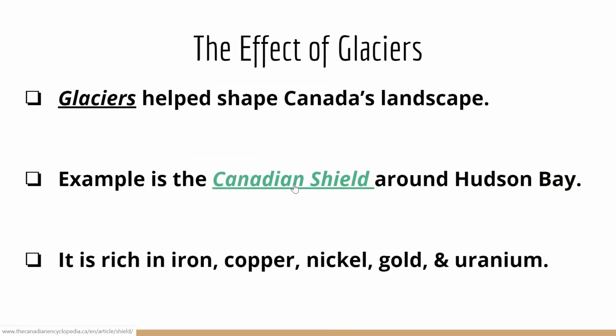And so this is territory that is very rich in iron. It's very rich in things like copper and nickel and gold, as well as uranium. And it tends to have a little bit more of that prairie-esque look. And a lot of that is because of the glacial activity in Canada.